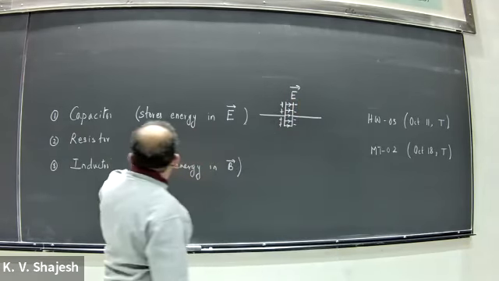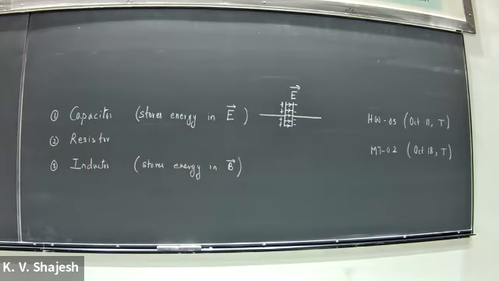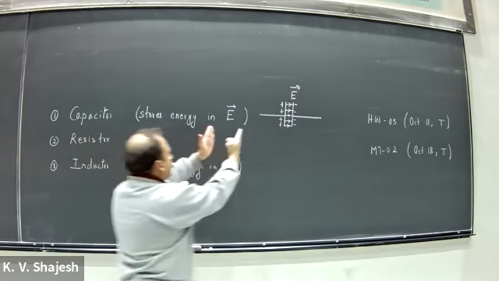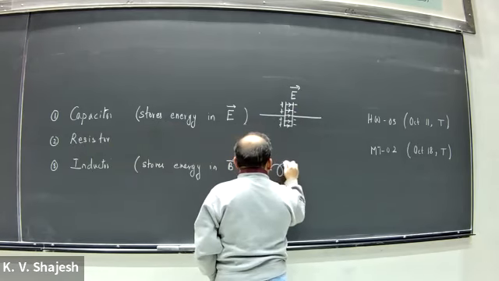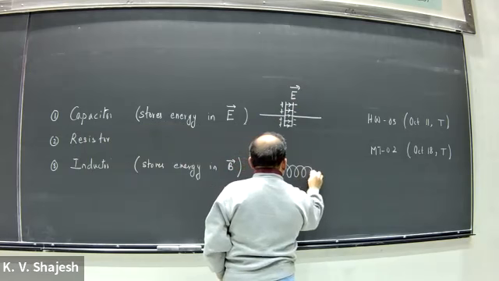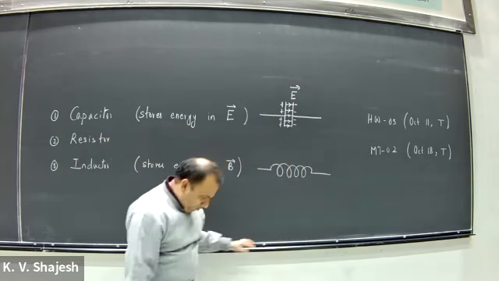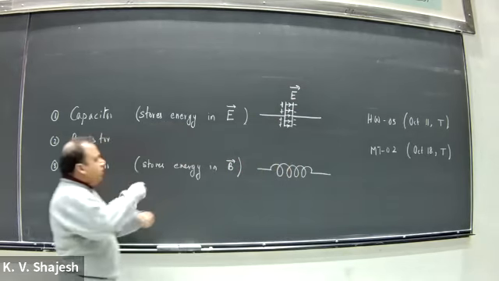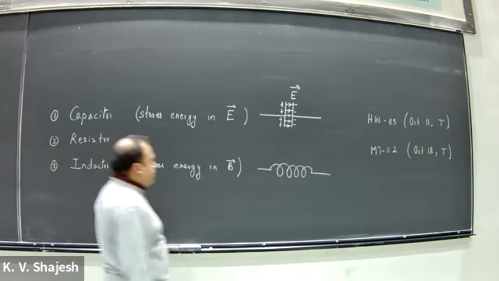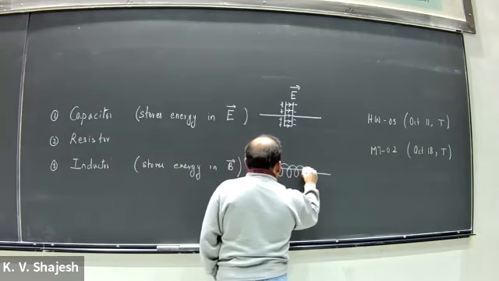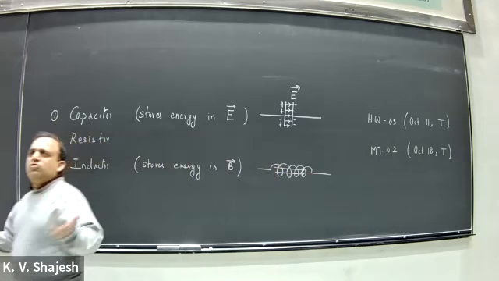Similarly, we will later come and talk about an inductor. A capacitor is simply two parallel plates. An inductor, we will see, is just a coil. You twist a conducting wire in the form of a cylinder, and you make a spring-like object, and the magnetic field is stored inside this coil, not outside, inside.